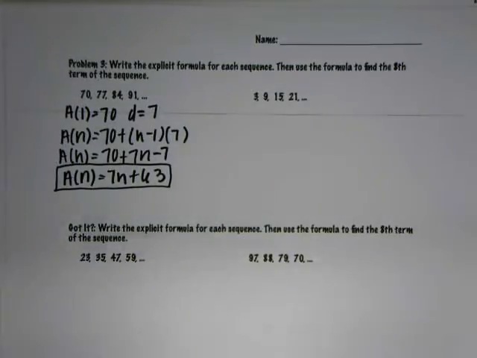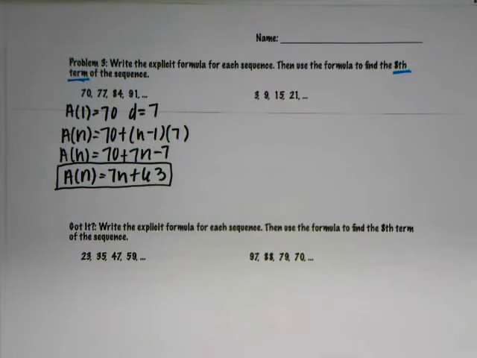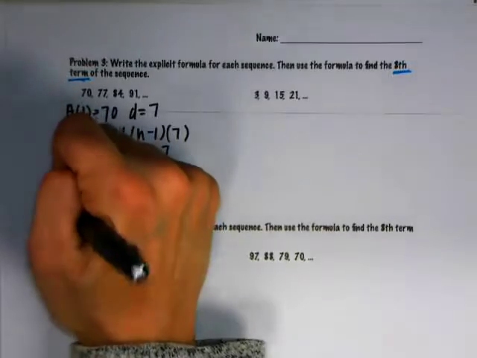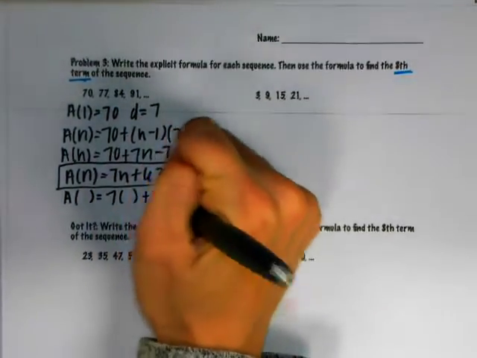And it's asking us to find the 8th term. So the way you're going to use that formula to find the 8th term is you are just going to plug in 8 to your equation.